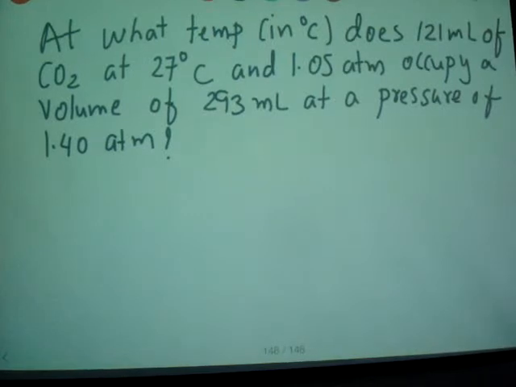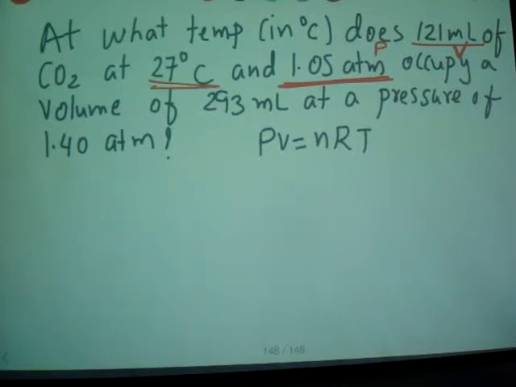Now we have PV equals nRT. We have the volume, this is our pressure, and that's the temperature. We need to find the temperature in degrees Celsius.